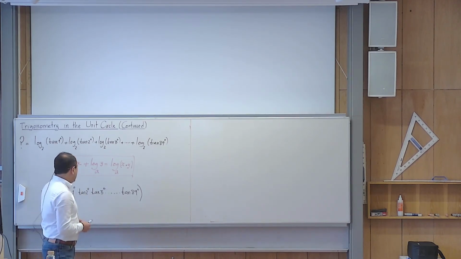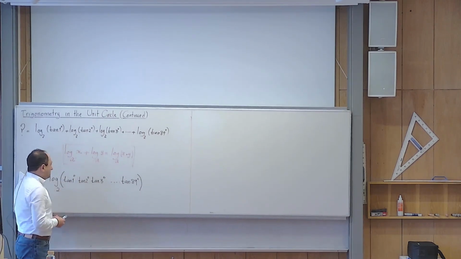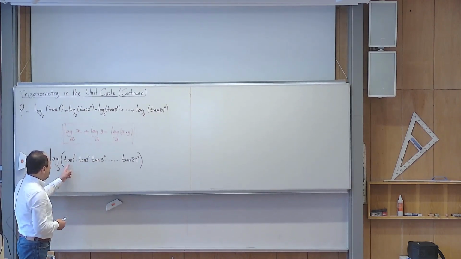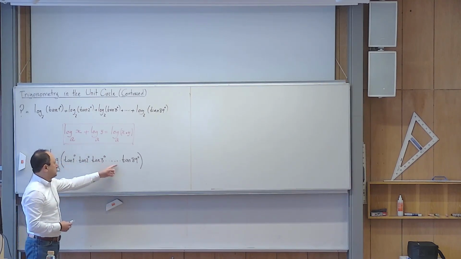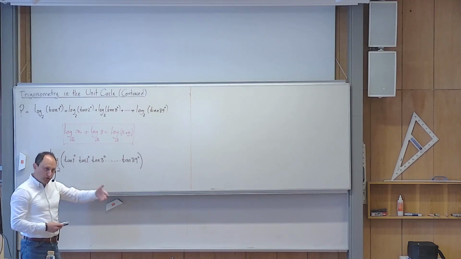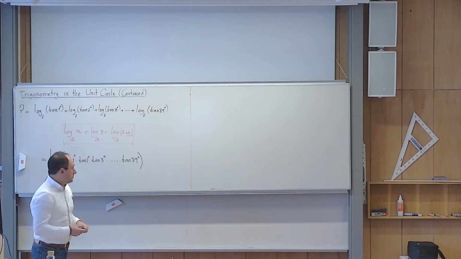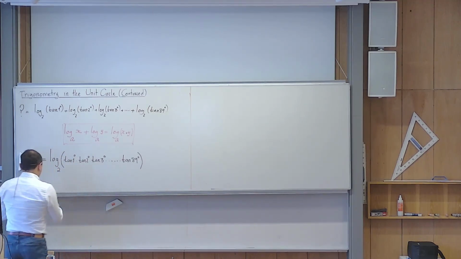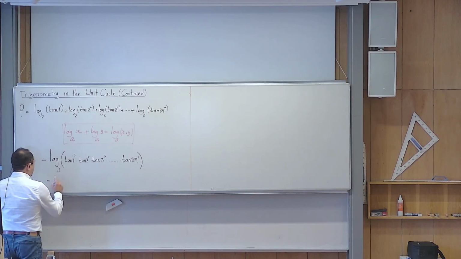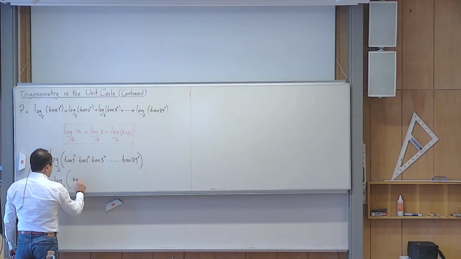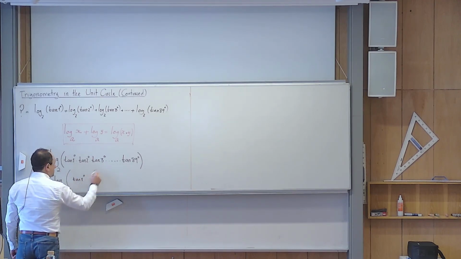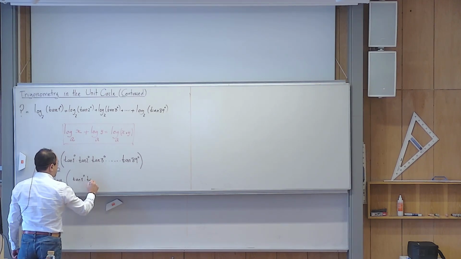So this means that you have to be a little bit creative to organize this product in a different order. Because if you want to multiply a bunch of numbers, it doesn't matter in which order you're multiplying them. So you just write log to the base 2, and then say that I put tan of 1 degree multiplied by the last one together.